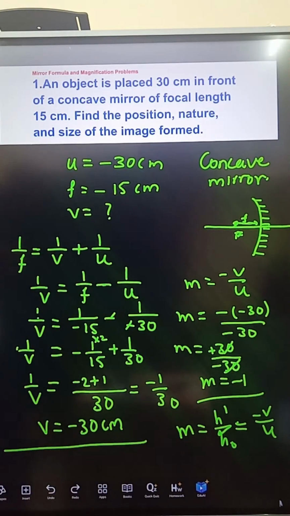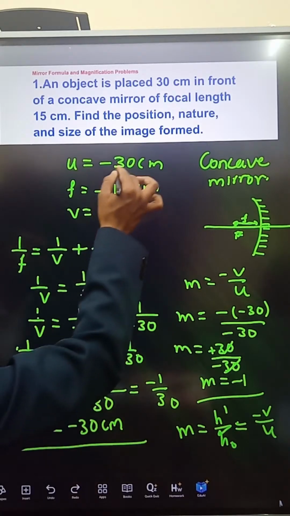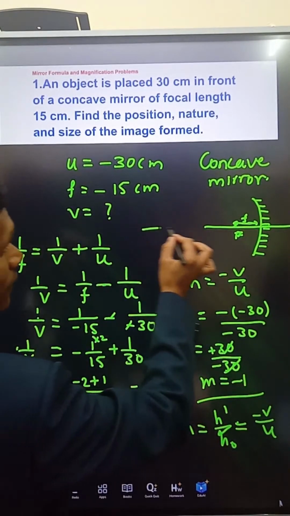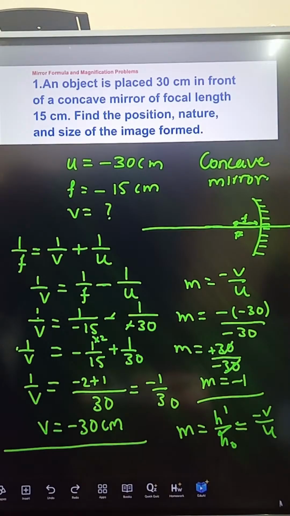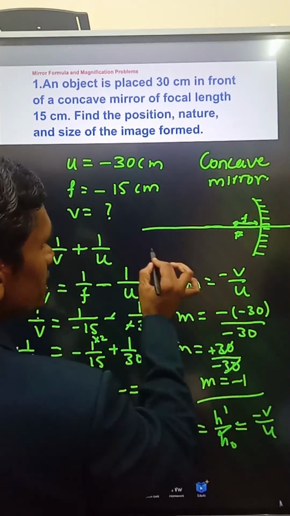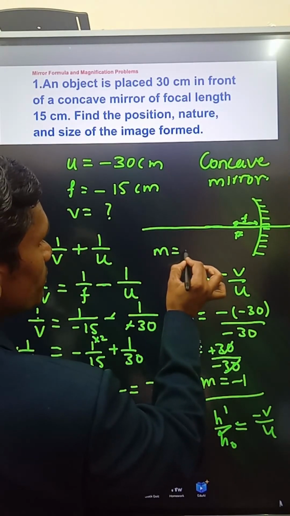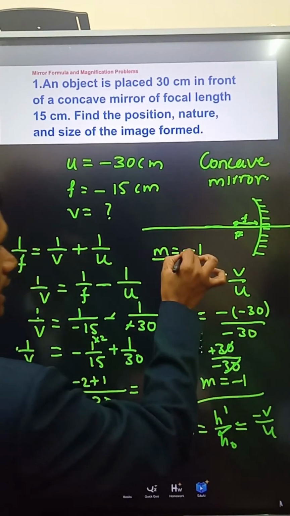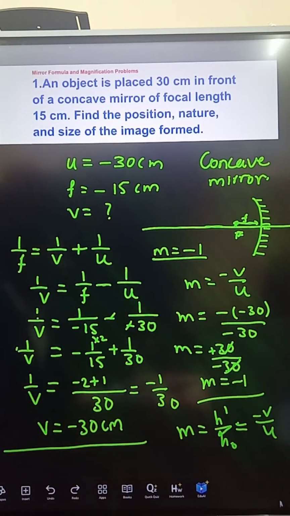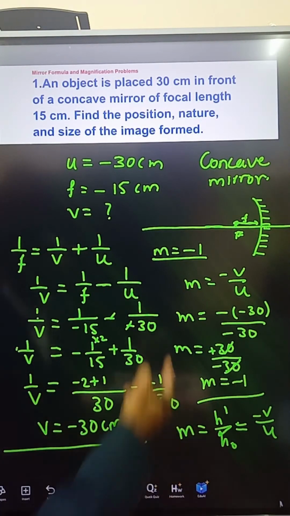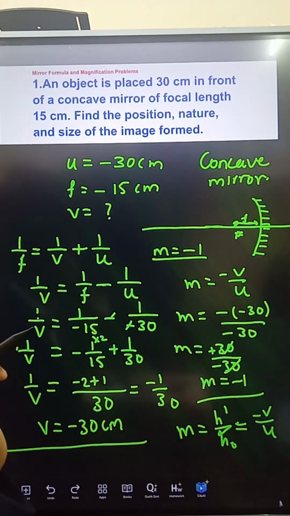So nature and size: if you get this magnification as minus 1, this indicates the size of the object and the size of the image are both the same, only then we get this value of one.